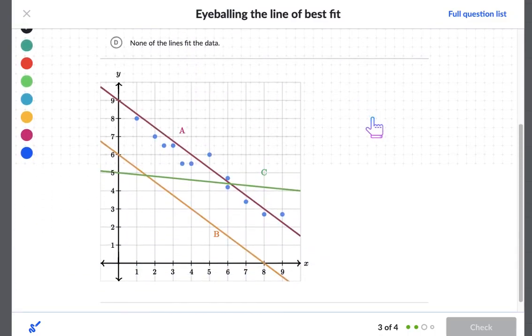Let's do one last one. Which one is the best here? All right, so again, we're going to look and see which line fits the general trend. If I were to continue this line, you would see that it's going around line A. So if you have a bunch of points, like I said before, draw yourself a tunnel on either side, and then your line should go pretty much in the middle there.